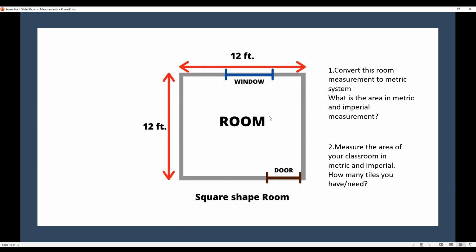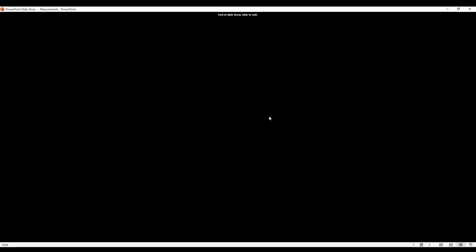How many tiles do you think you need in order to floor or change the flooring in your room? Let's say from one wood floor to ceramic floor. Do some research on that project, go online, find different sizes of different ceramic flooring or tiles or wood flooring, and tell me how much would it cost you to change the flooring of your room today.